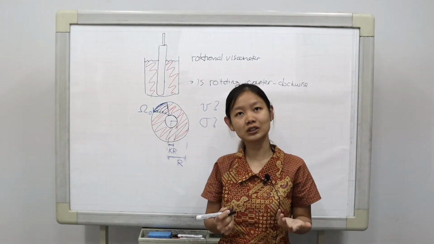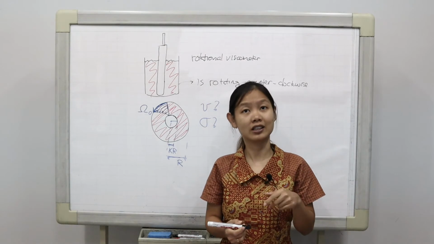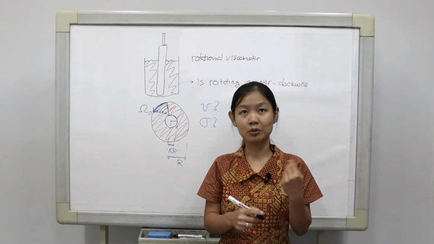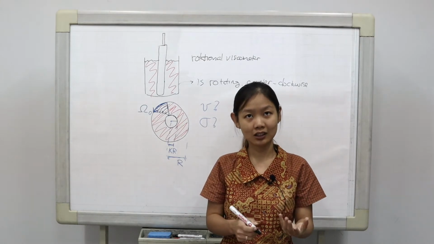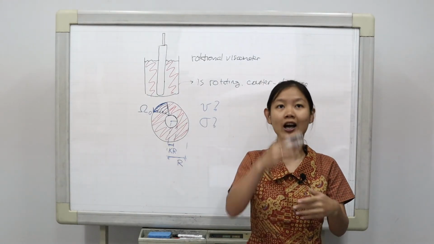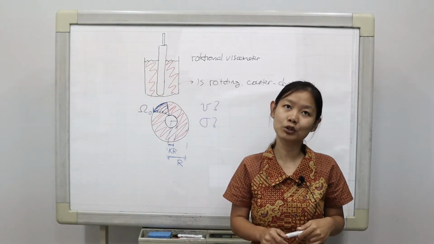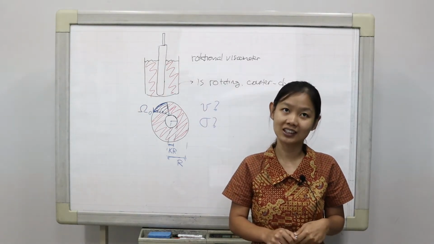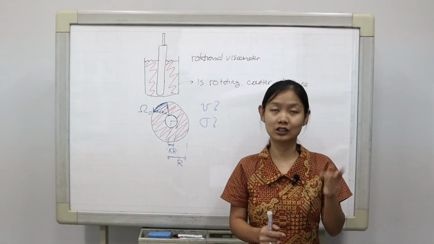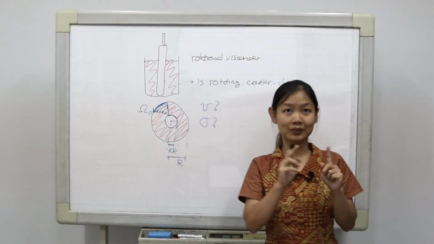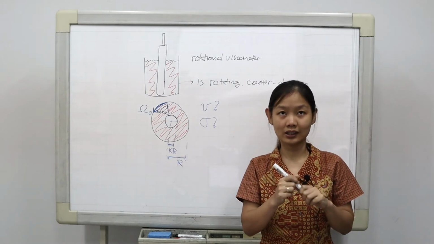Because the only motion that we have is in the theta direction, the rotational direction. We don't have motion in the z direction because the fluid is not going up and down inside the cylinder, and we don't have motion in the r direction. So what we have is only rotational motion. Therefore, we only use the second equation.